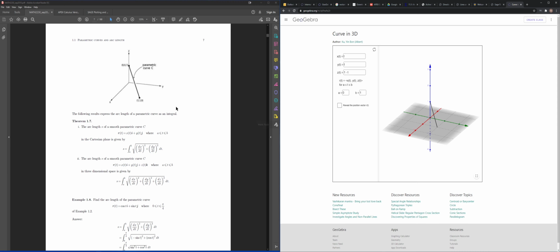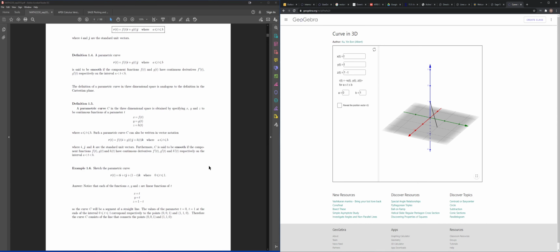Right, okay, so this is one possible parametric curve in three-dimensional space, right? If I change my components over here, so for example, if I change this to cos t, to sin t, and then to t, right, I'll get something different, right?